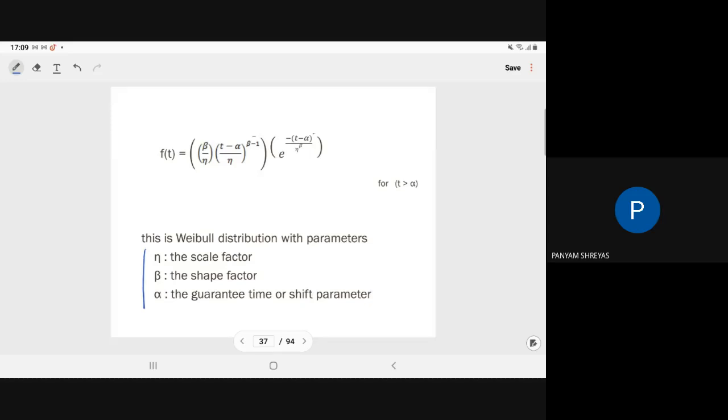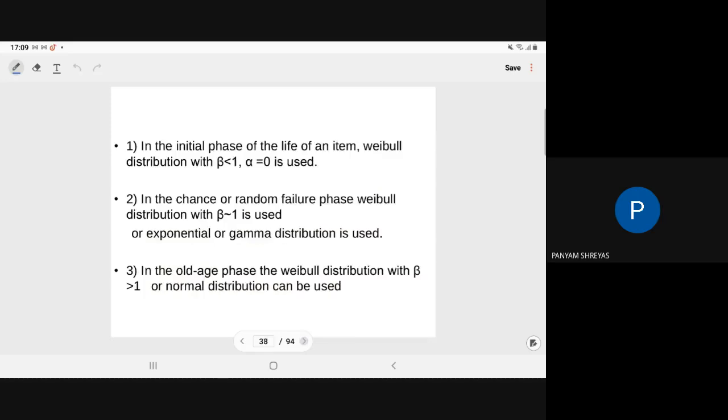And beta is the shape factor. So what is the meaning of the shape factor? Means in the initial phase of the bathtub. What is the initial phase of the bathtub? We have the shape like this.